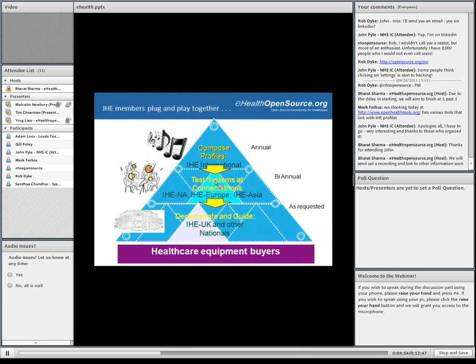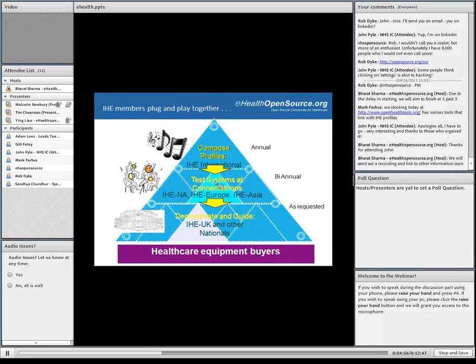And armed with those badges, they can then take their products to market and claim compliance with IHE. So that's our way of delivering plug and play in healthcare.